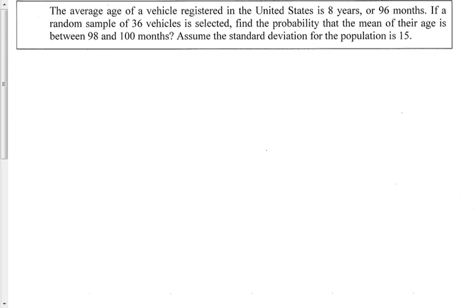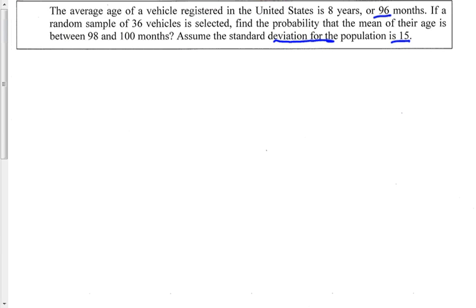So, as an example, it says the average age of vehicles registered in the United States is 8 years, which is 96 months. The population standard deviation is 15 months.